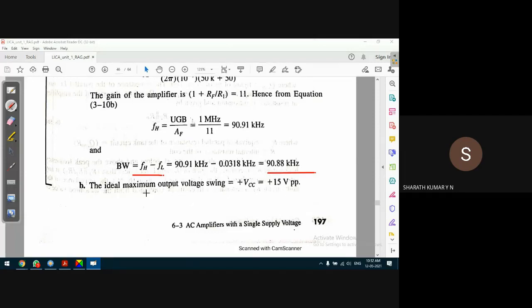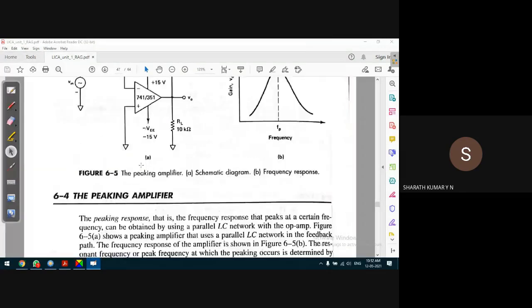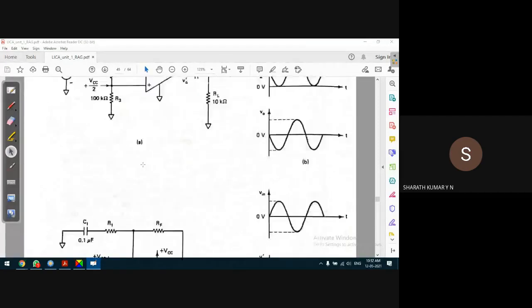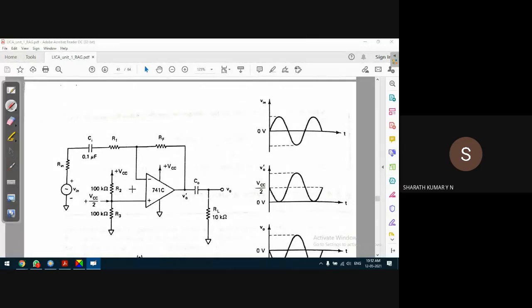Ideally the maximum output voltage swing is equal to VCC. That means it cannot exceed plus 15 volts because it's a single polarity supply. What the author is trying to say is, if you have plus 15 volts and minus 15 volts, that is a dual supply op amp, the output swing can be between plus 15 volts and minus 15 volts.